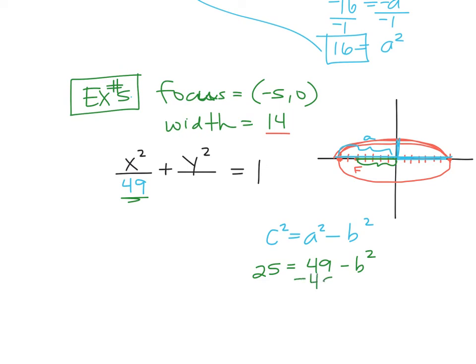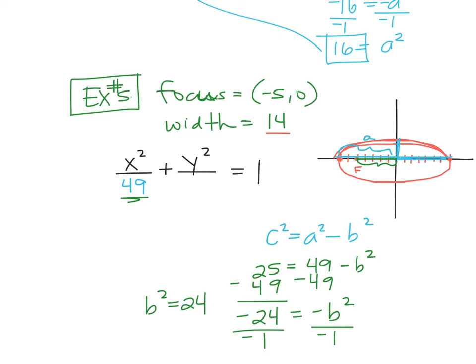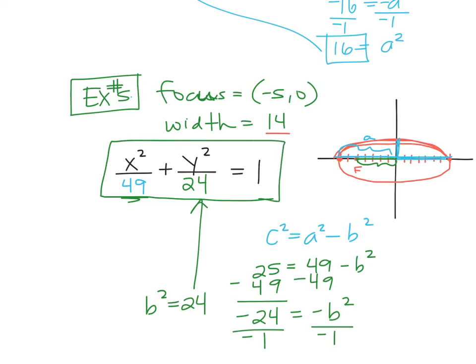So we're going to take away 49 from both sides, and you get negative 24 equals negative B squared, and then just divide by negative 1. So our B squared is 24. That means that number is going to go here. So our answer is x squared over 49 plus y squared over 24 equals 1. And that is it.